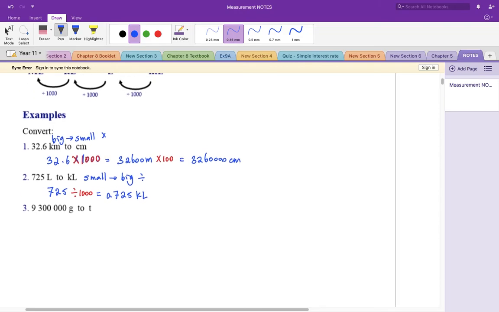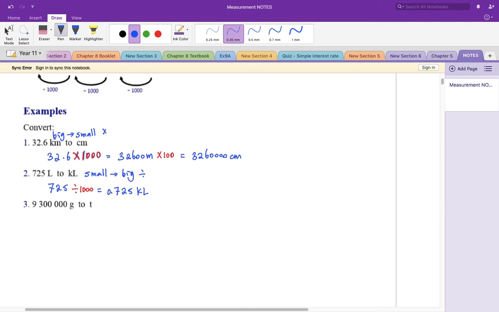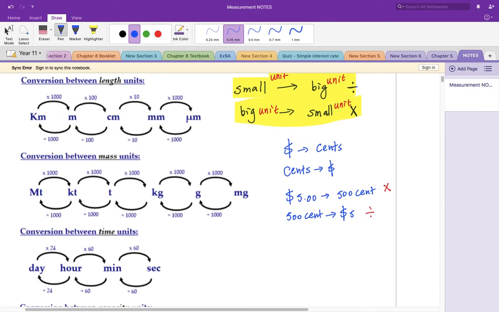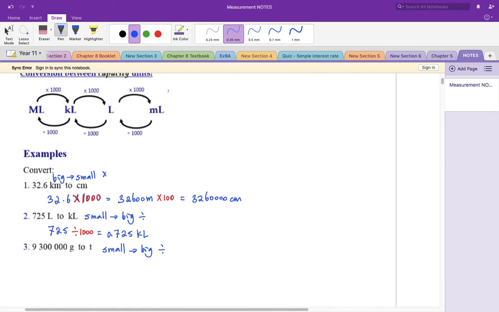Okay, next one. Grams to tons. So this is once again small to big. And you divide, right? So that means all the conversions you're going to be doing in getting to tons from grams is going to be dividing. So let's see. Grams to tons. You actually have to jump by 1 kilogram first.